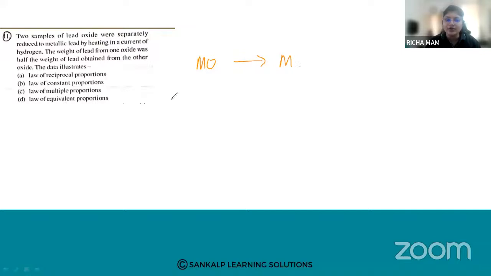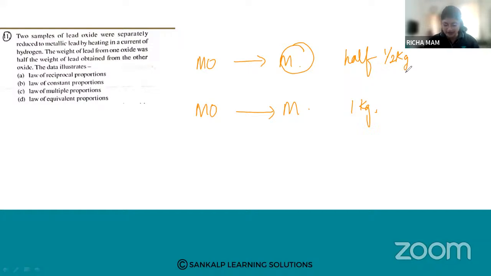The weight of lead from one oxide was half the weight of lead obtained from the other. So if this was 1 kg obtained, this was half kg. What is this data? Which particular law does it illustrate?